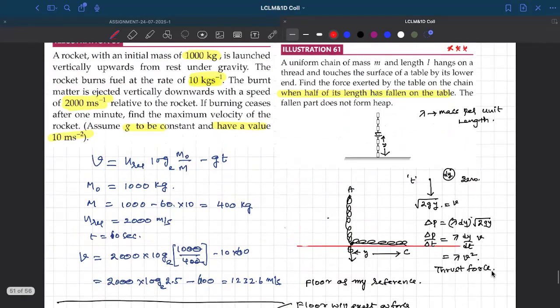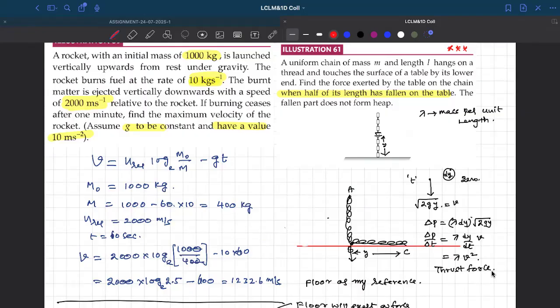Right. A rocket with an initial mass of 1000 kg is launched vertically upwards from rest, under gravity. So you should consider z here. The rocket fuel burns at a rate of 10 kg per second. The burnt matter is ejected vertically downwards.